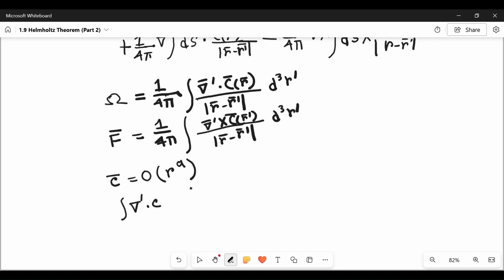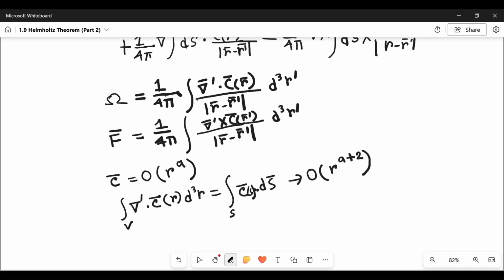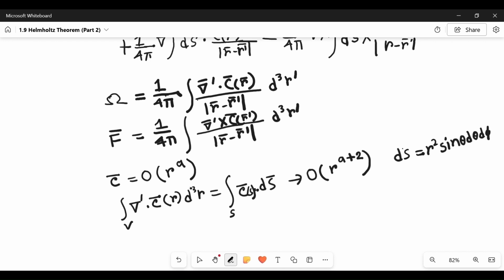The divergence theorem says the right side of the equation is of order r to the power a plus 2, as ds equals r squared sine theta d theta d phi.